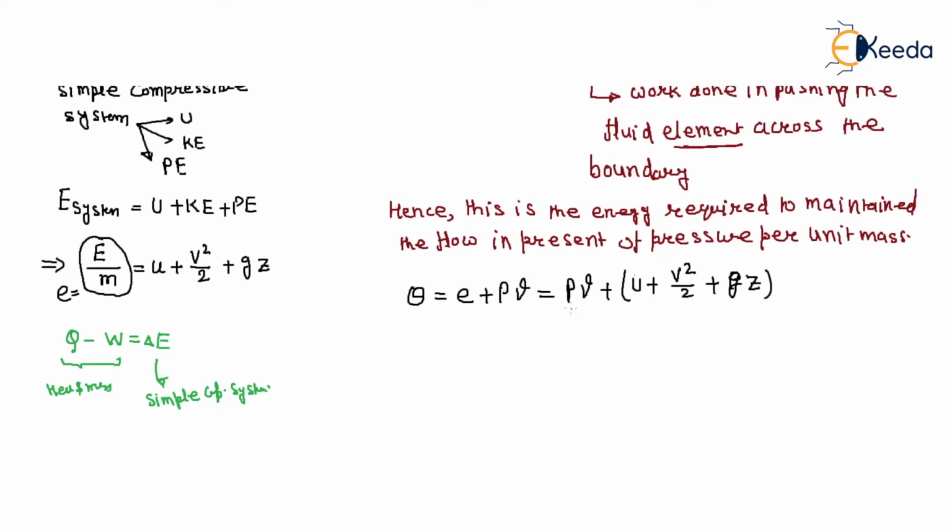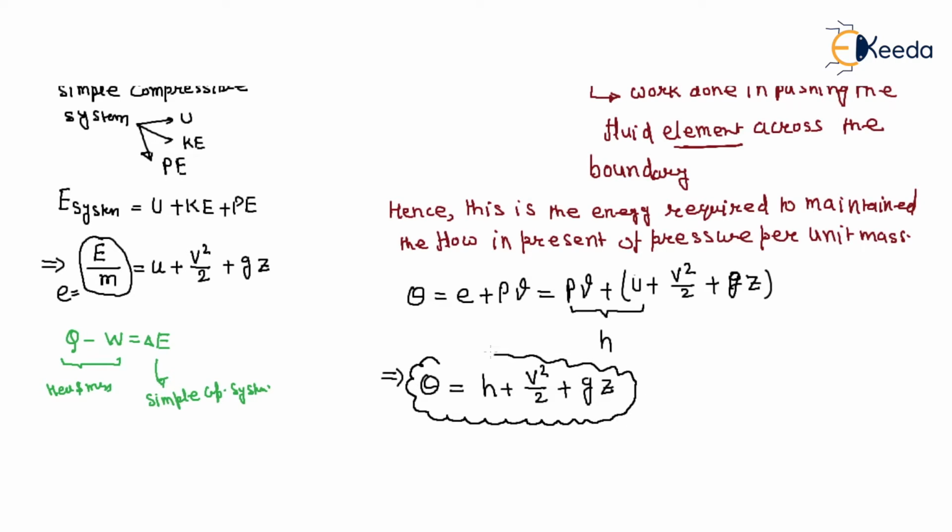So what is P into v? Enthalpy. So the energy associated with a control volume, theta is equal to h plus kinetic energy plus potential energy. This is the energy associated with the control volume system, right?